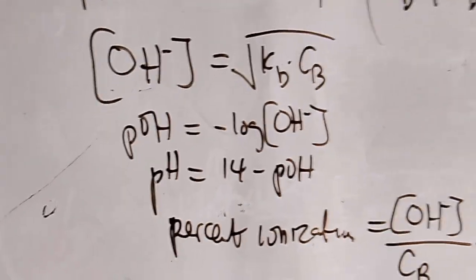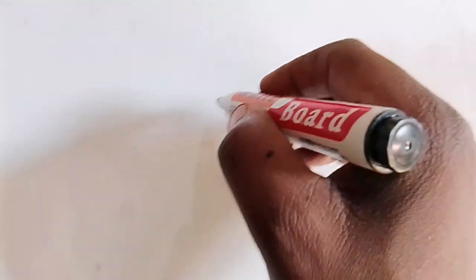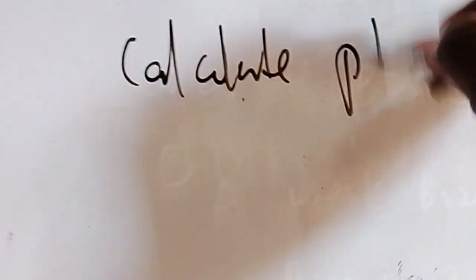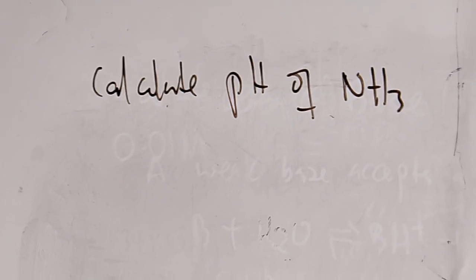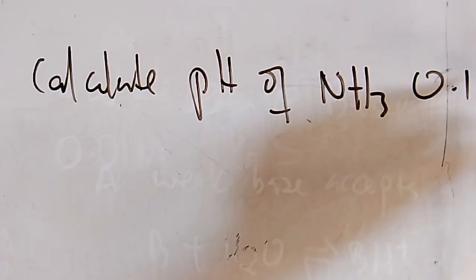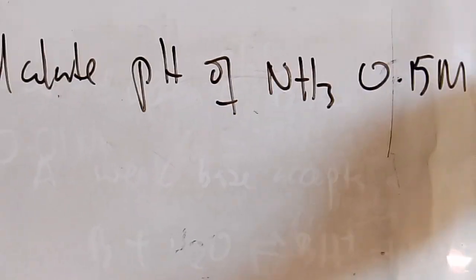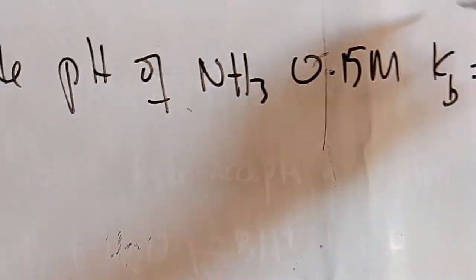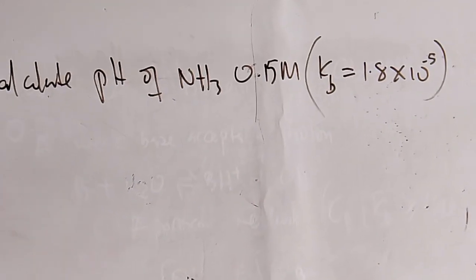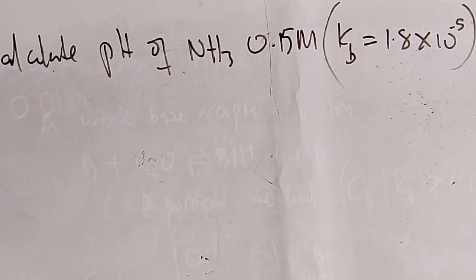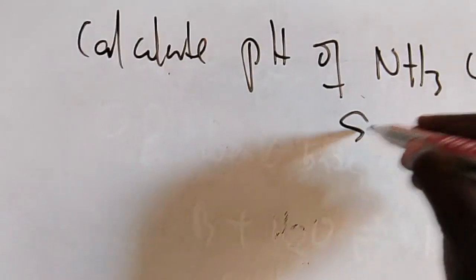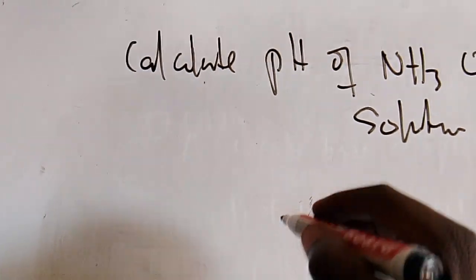Let's have an example. Calculate the pH of ammonia with concentration 0.15 molar. Kb for ammonia is 1.8 times 10 to the power negative 5. Solution: let's check for our approximation method.